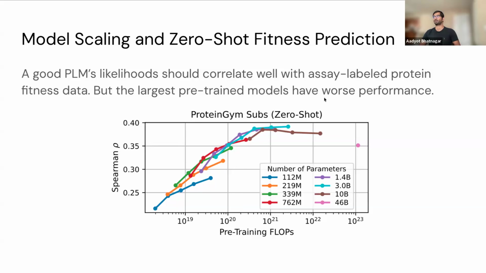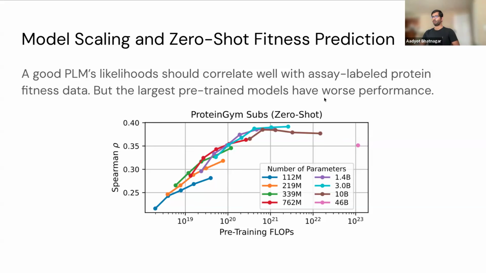But something that's pretty clear both for ProGen3, as we can see here, as well as all of these other families, is that the largest pre-trained models tend to have worse performance on this task. And this feels at odds with the idea that they're getting better and better at learning these evolutionary distributions.